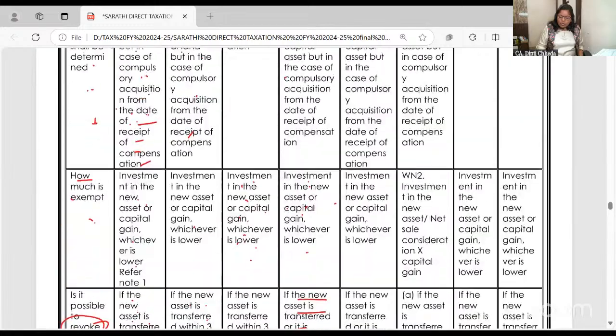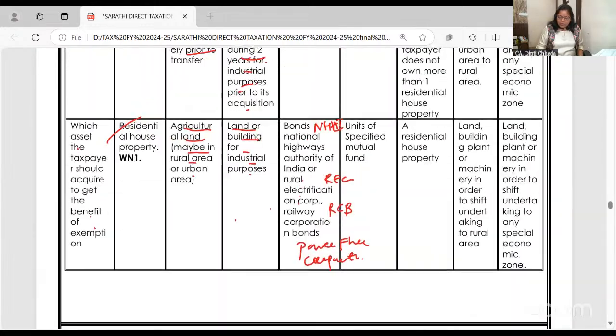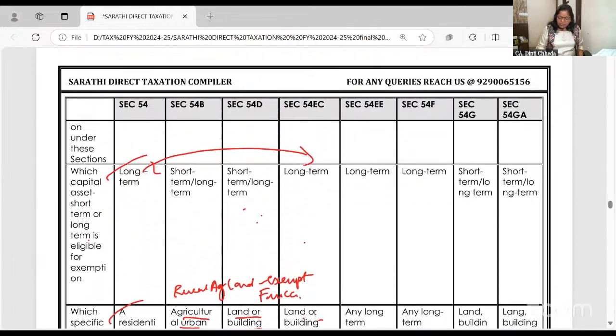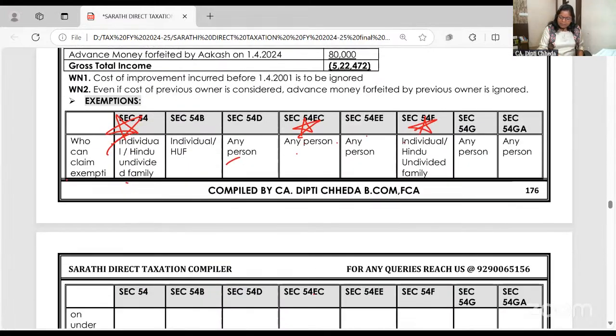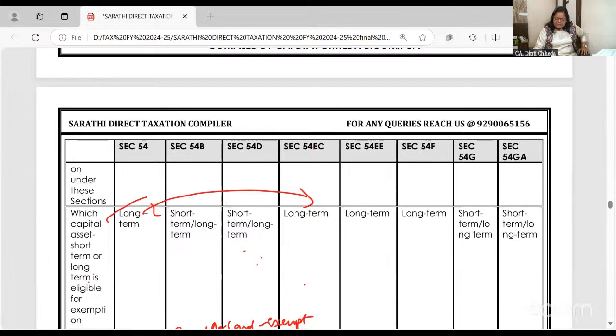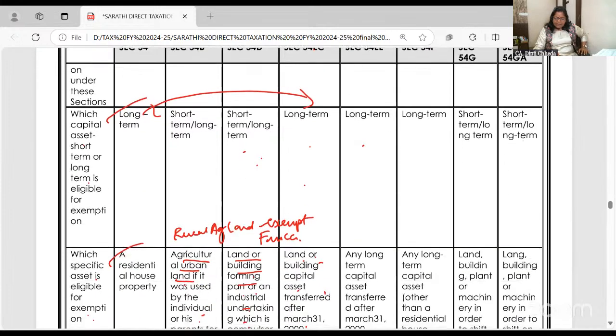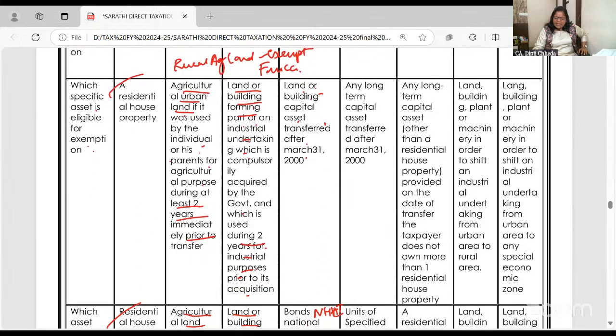Now these two go hand in hand. So I want all of you to put an arrow mark here, where at the top you have written important. 54 EC and EE. Any person, long-term capital asset. What? Land and building. In 54 EE, you sell any long-term capital asset.